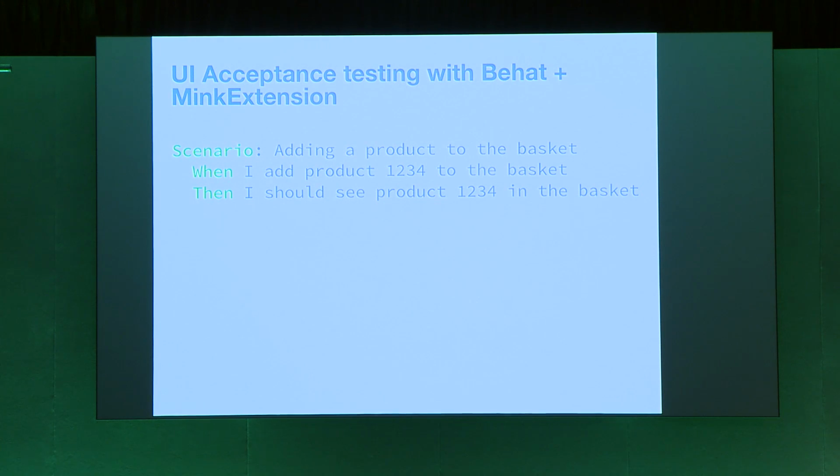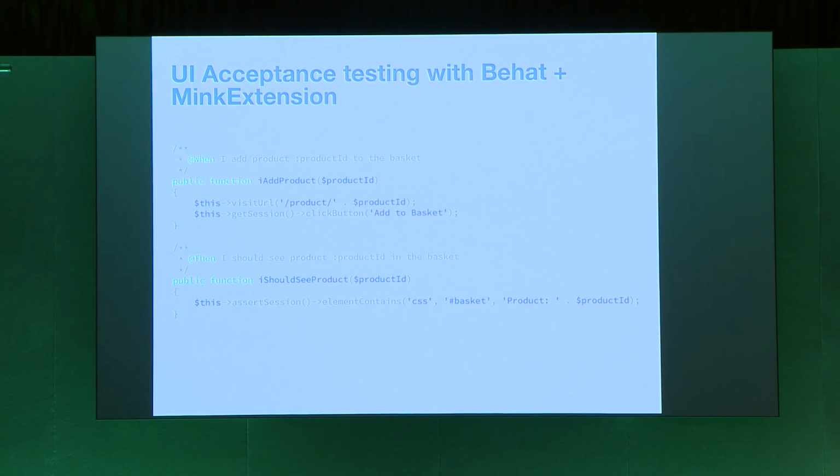If you use Behat, you can just write it in English, which is quite nice. And then you run it, and Behat says, I don't know what any of this means. So you have to explain what this stuff means. So the way you do this in Behat is to write these are called step definitions. I won't go into the details of where they live, and they have a kind of pattern matching.